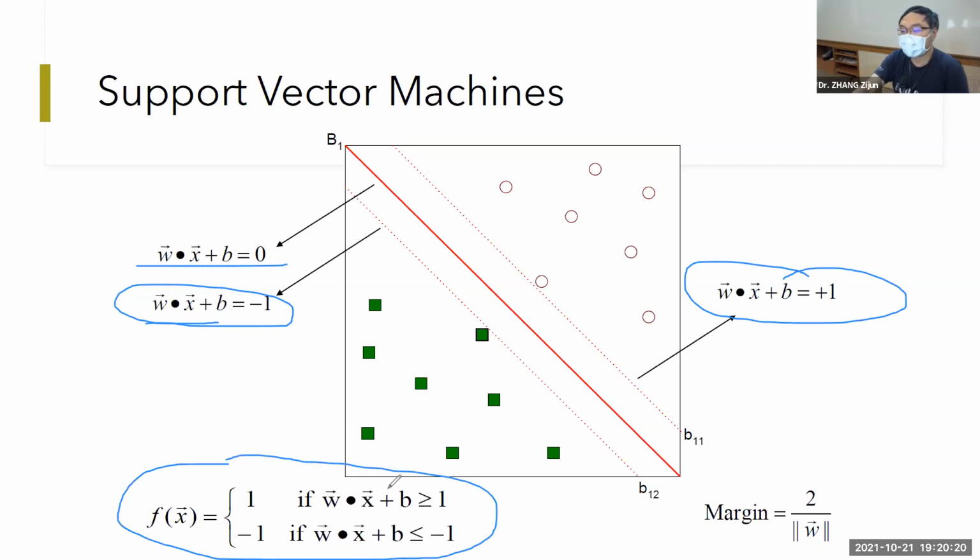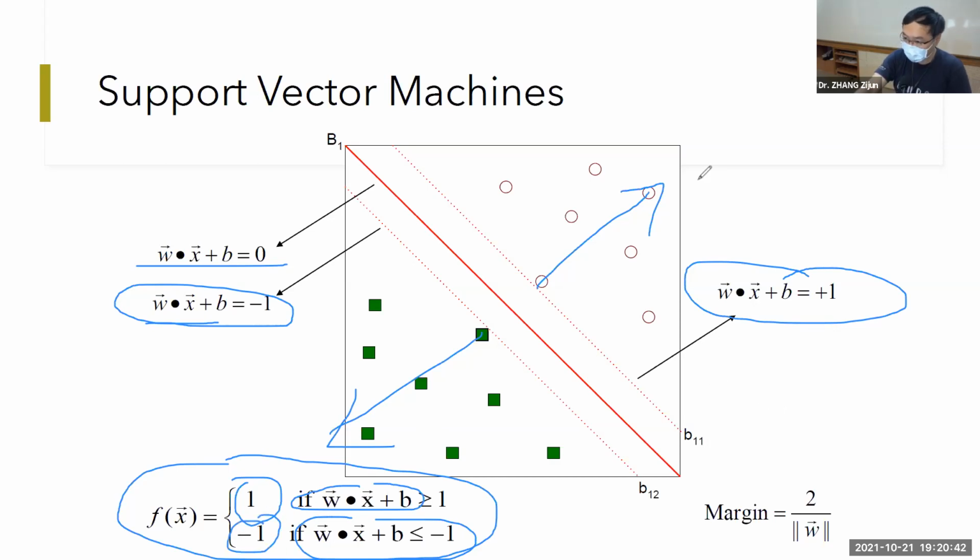That means if any Wx plus b is larger than 1, the data in this space will be assigned label 1. And any data points less than or equal to -1, we will assign to -1. So two classes.